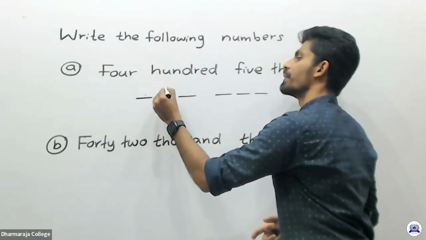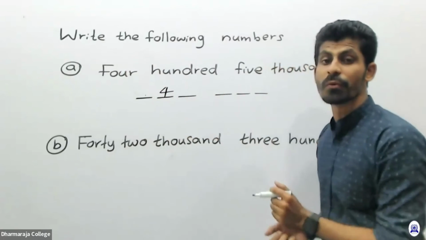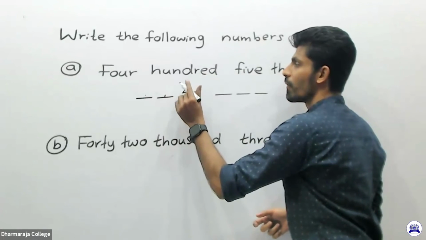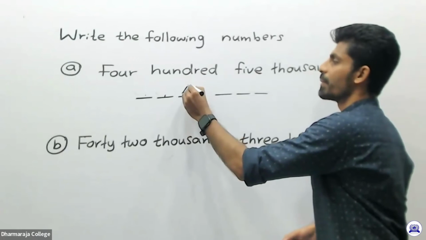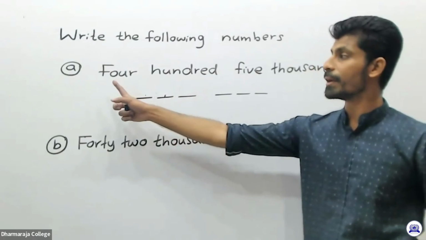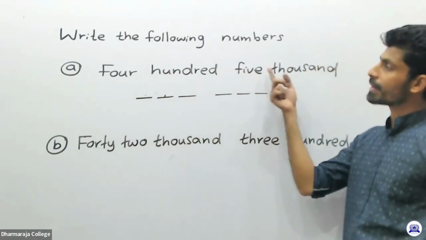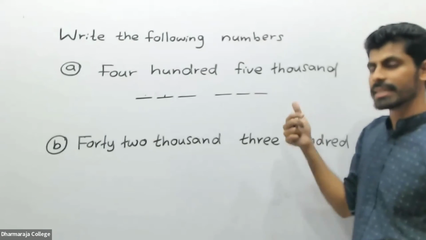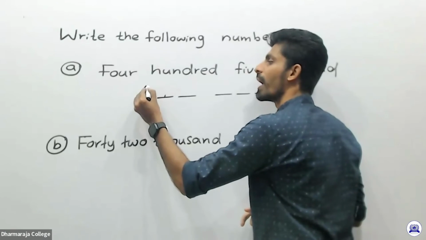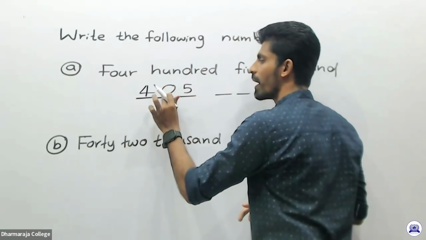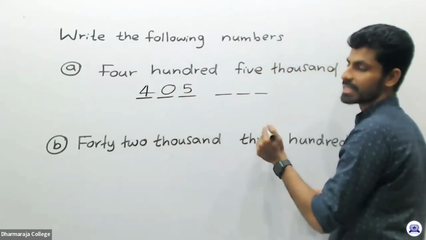Look at the value. 400, 5,000. So 405,000.